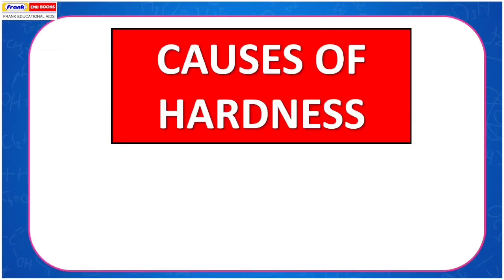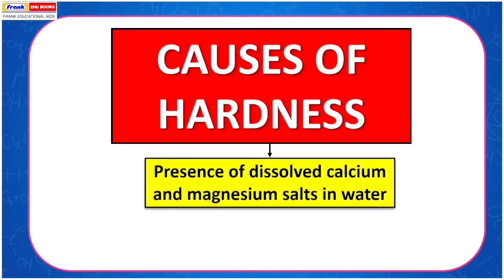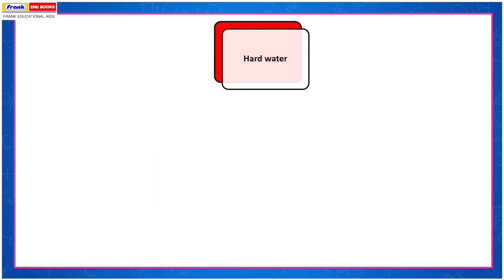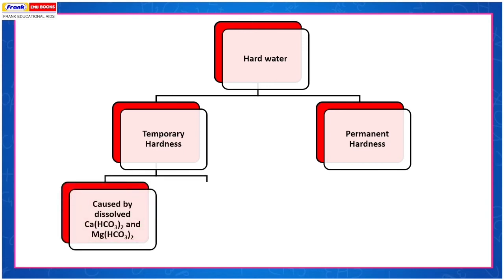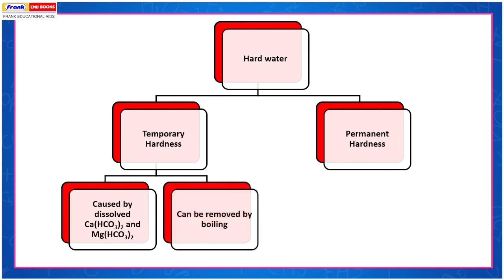Causes of hardness. The presence of dissolved calcium and magnesium salts in water is the reason for hardness of water. Hardness can be categorized into two groups: temporary hardness and permanent hardness. Temporary hardness is caused by dissolved calcium bicarbonate Ca(HCO3)2 and magnesium bicarbonate Mg(HCO3)2.